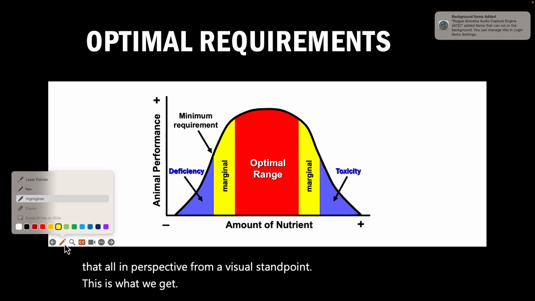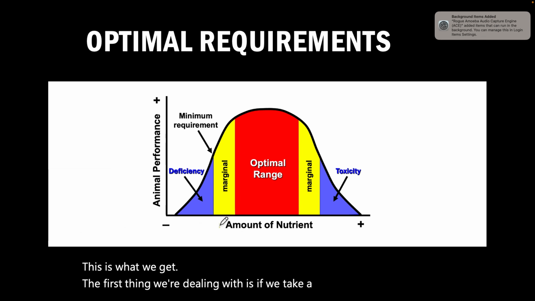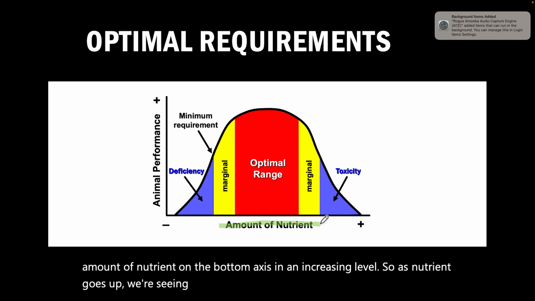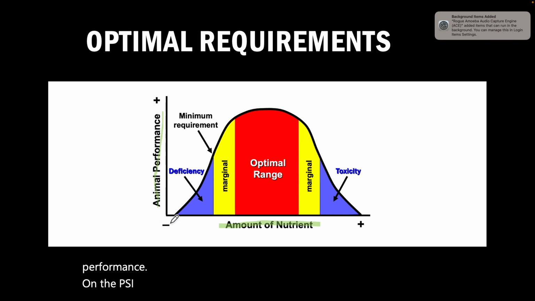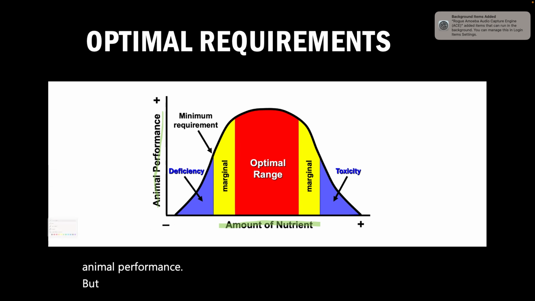The first thing we're dealing with is that we've got the amount of nutrient on the bottom axis in an increasing level. So as nutrient goes up, we're seeing this bell-shaped curve. We also have animal performance on the y-axis. So as more nutrients, generally we'll see an impact on animal performance. But like everything, there is a law of diminishing returns.